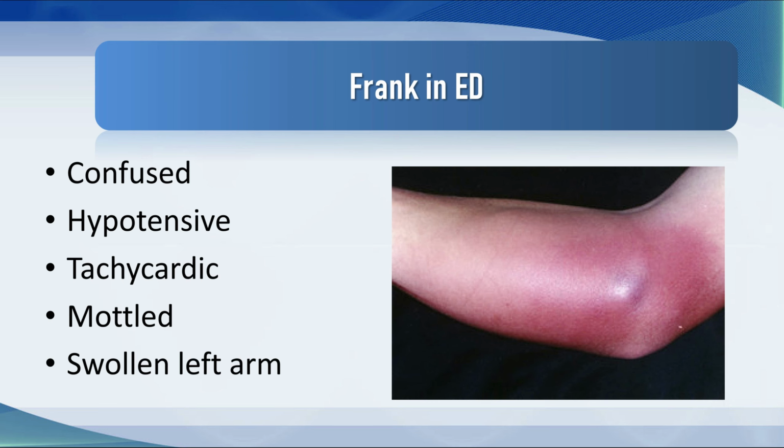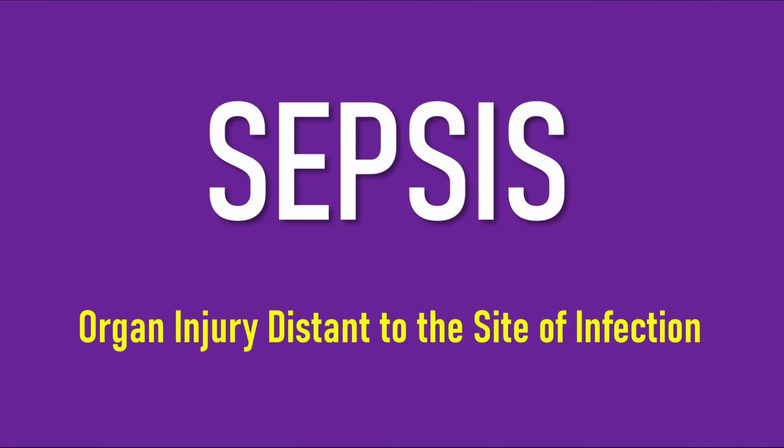And it's important to understand that sepsis is a systemic disease and it's manifest by organ injury distant to the site of infection. In Frank's case, he has a necrotizing soft tissue infection of his arm, but he's coming in with low blood pressure, confusion, and oliguria. He is in multi-organ failure and his potential mortality rate is extremely high.